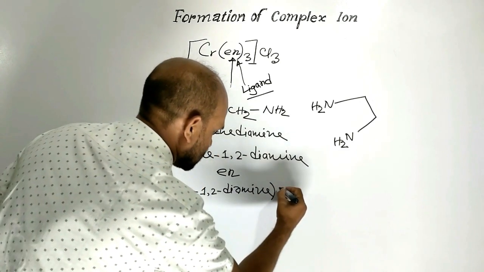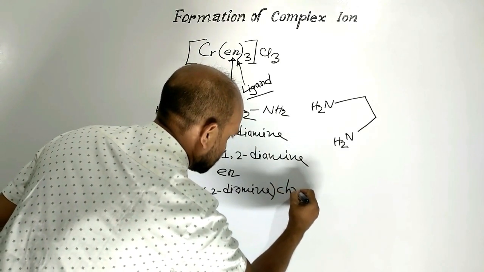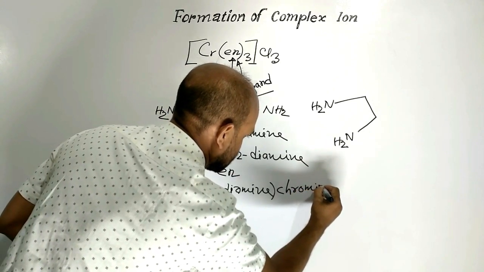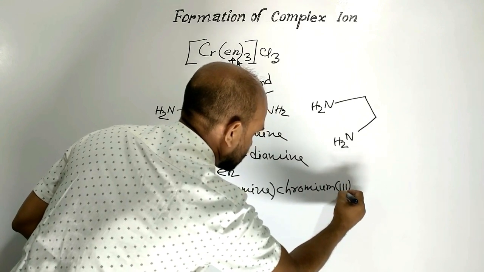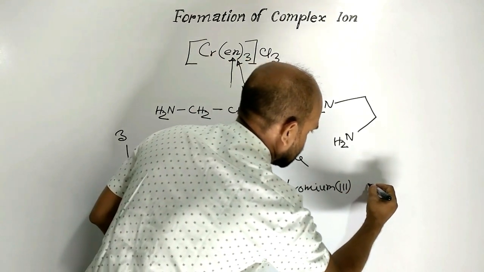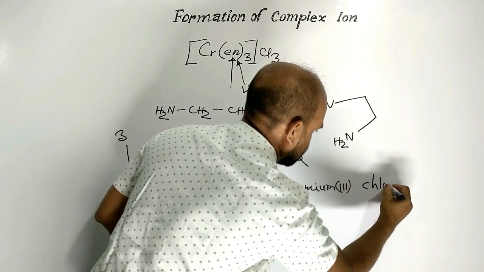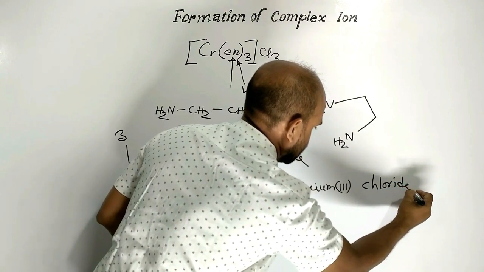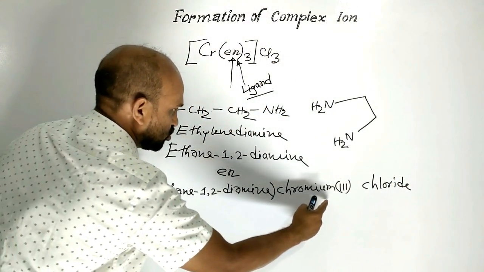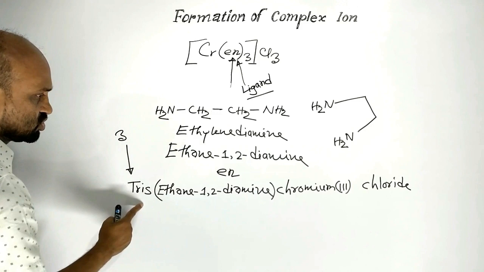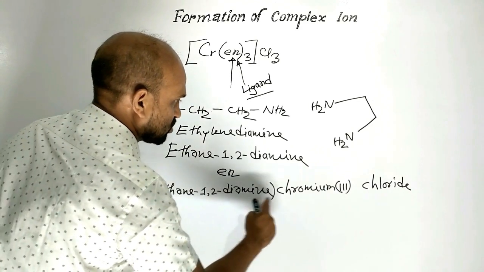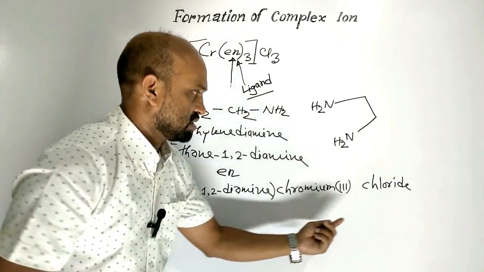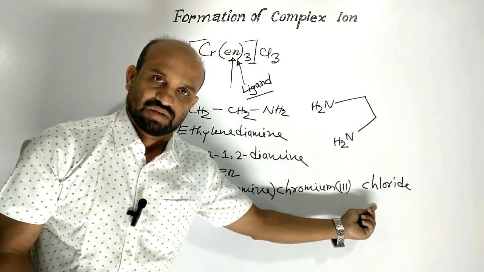Now, chromium. Chromium 3, then chloride. Here actually there are two words. This is one word, tris ethane 1,2-diamine chromium 3, and another word is chloride.